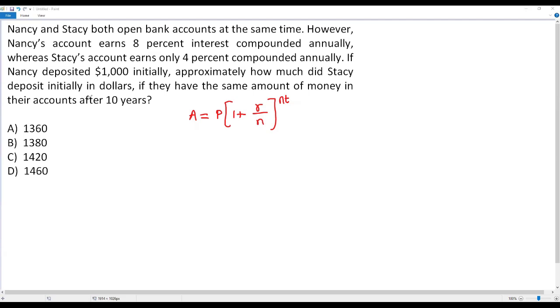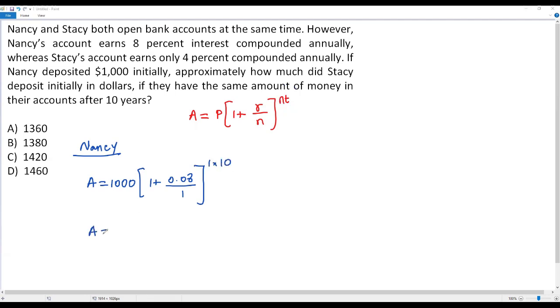Okay, now let's calculate the value of the deposit of Nancy after 10 years. This is Nancy. A equals P, which is 1,000, times (1 + 0.08 divided by 1), because Nancy's account earns 8% interest, which as a decimal is 0.08, and N is 1, raised to the power of 1 times T, which is 10.